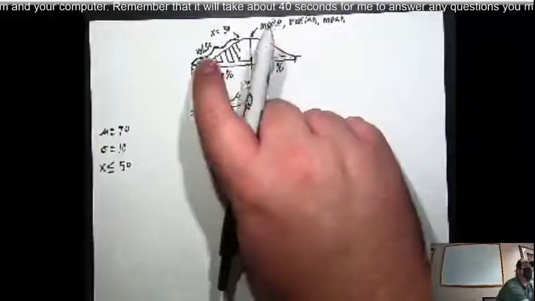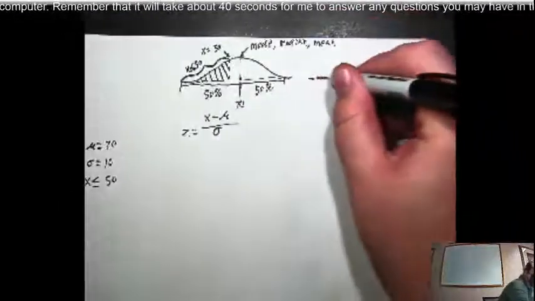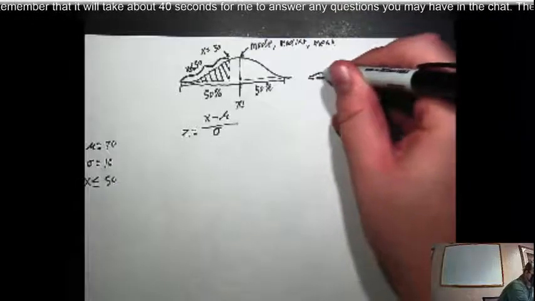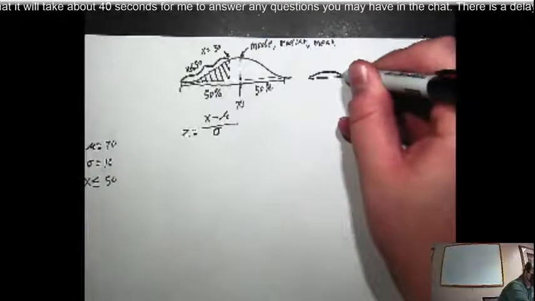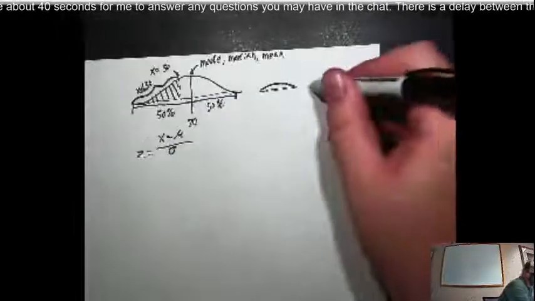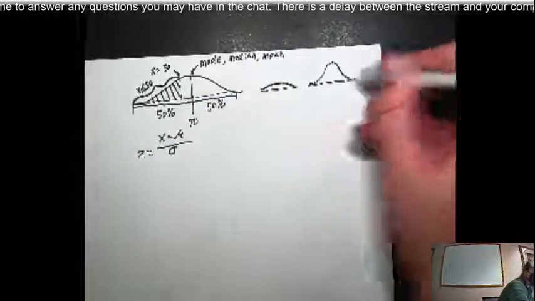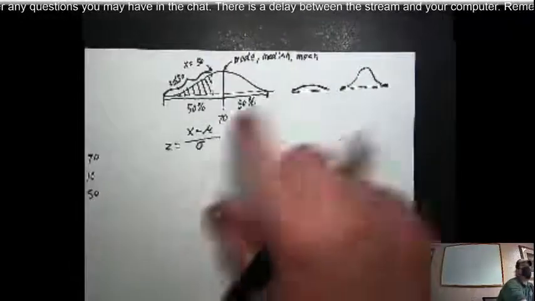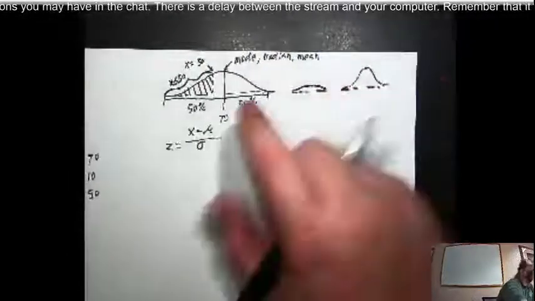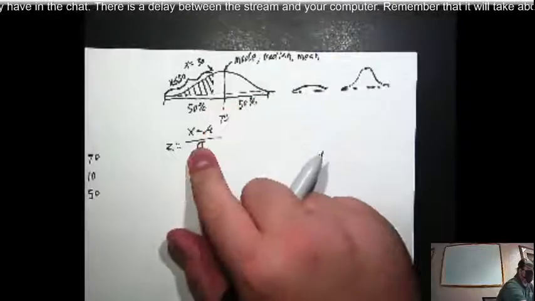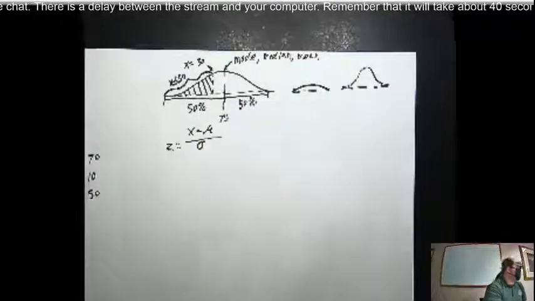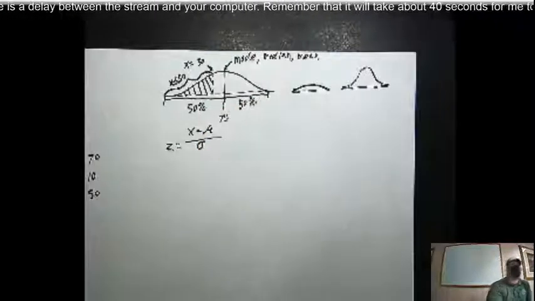So maybe, you know, it's a real gentle curve, not a whole lot of difference, or maybe it's an extreme curve. Again, the standard deviation is going to be able to tell us what kind of curve this is, and so it's going to take this distance and relate it to what kind of curve we have. Okay.